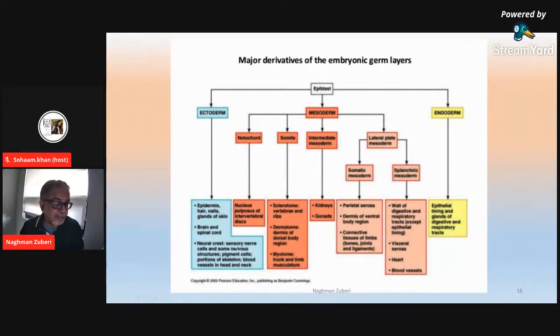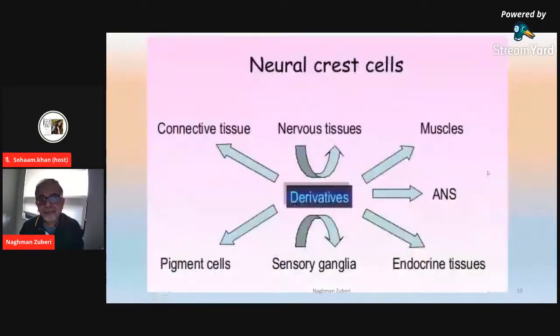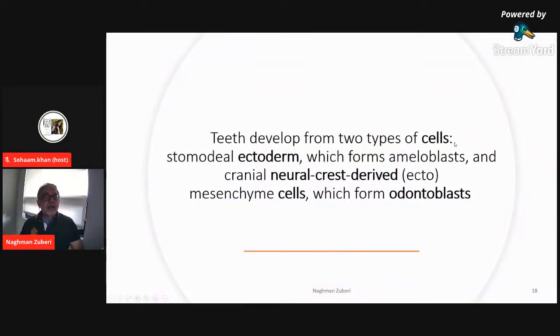Neural crest provides us sensory nerve cells and some nerve structures, pigment cells, portions of the skeleton, blood vessels in head and neck. Well, neural crest cell derivatives are nervous tissue, connective tissue, pigment cells, sensory ganglia, endocrine tissue, autonomic nervous system, and the muscles.